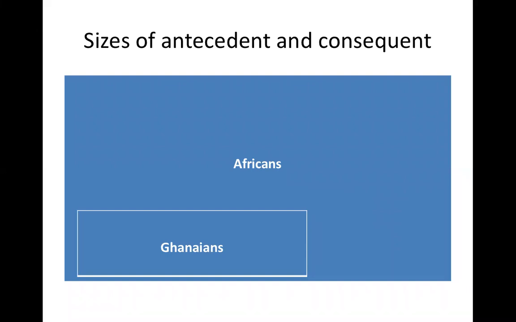So you cannot deny that Peter is an African by simply denying that he's a Ghanaian. That is why an argument that denies the antecedent is an invalid argument. Any argument that denies the antecedent is invalid.